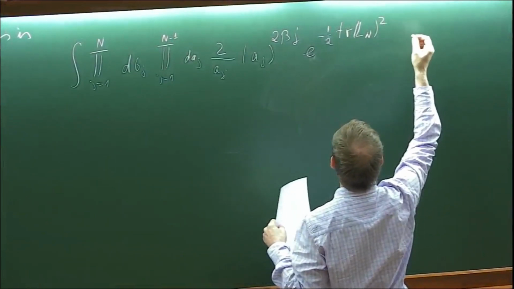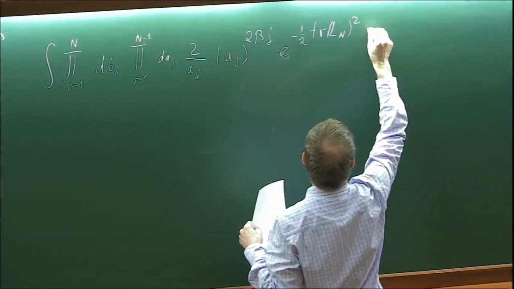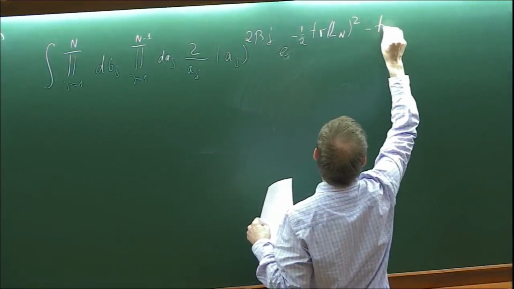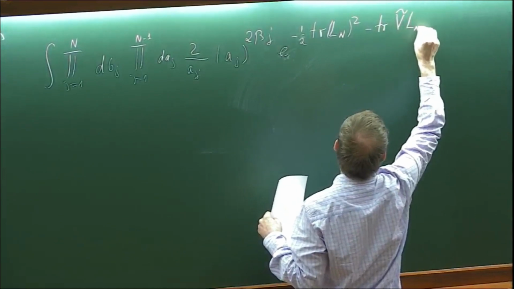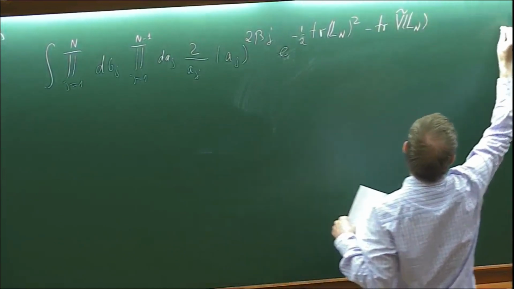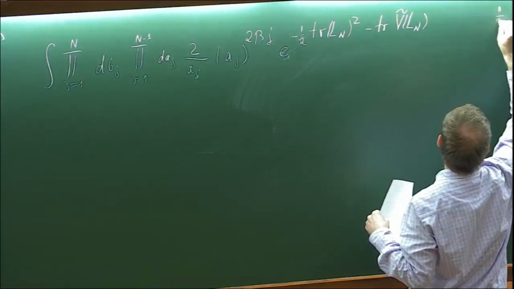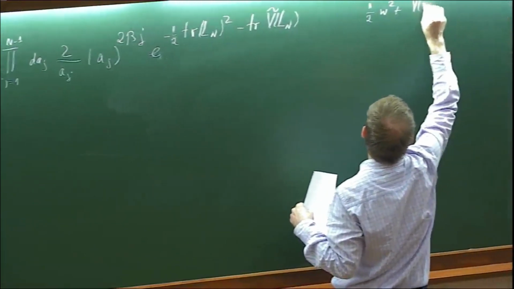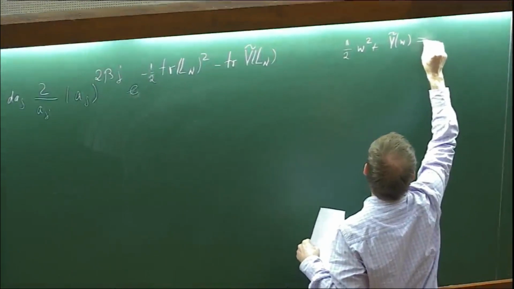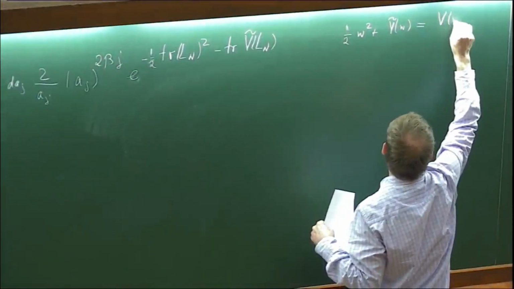I want a general potential, so I simply subtract the trace of v twiggle of L N, and the 1/2 w squared plus the v twiggle of w would be equal to the actual potential which I'm interested in.